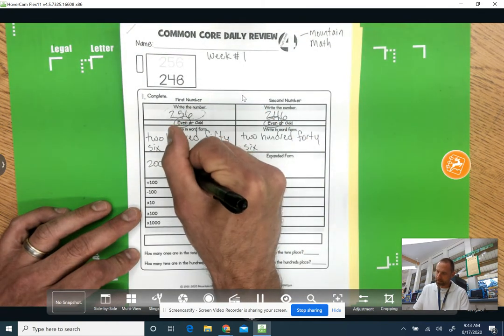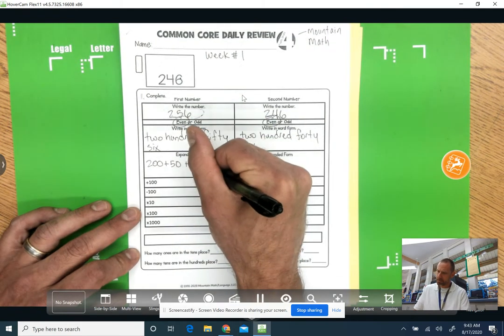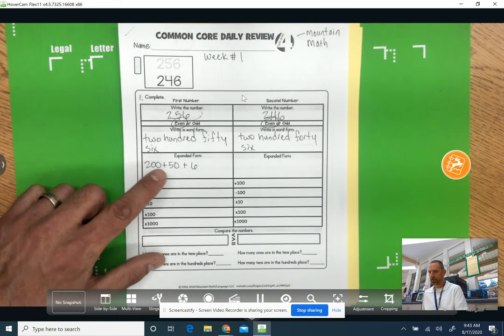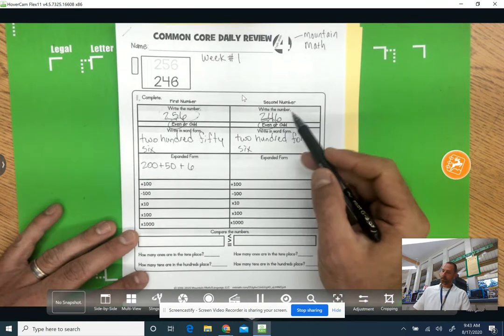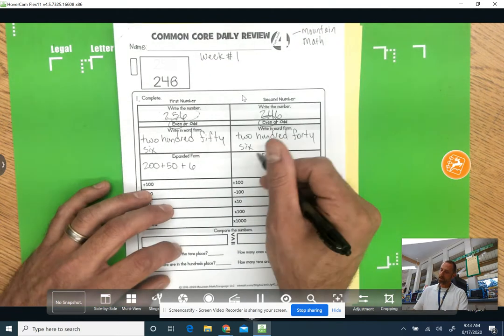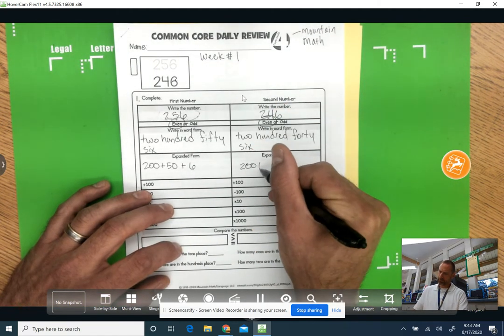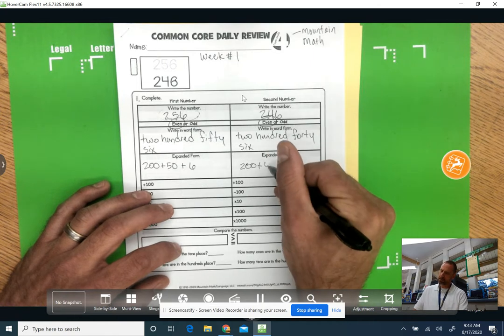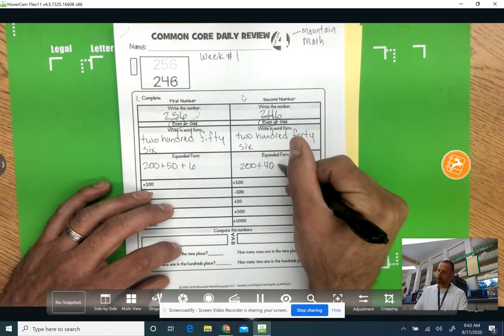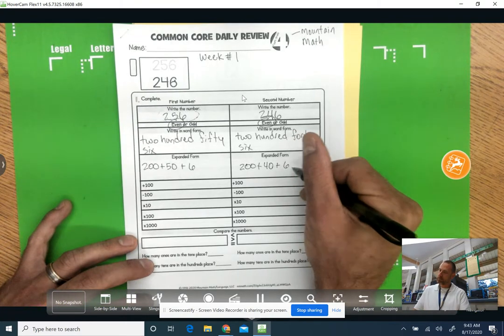It's in the tens place. It's 50. And the value of the 6 in the ones place is 6. 256. Same thing for 246. We have 2 in a hundreds place. We have a value of 200. 4 in the tens gives us a value of 40, and a 6 in the ones place, a value of 6.